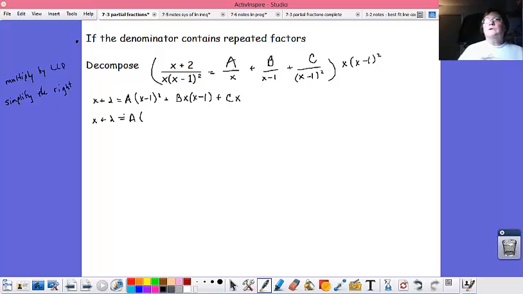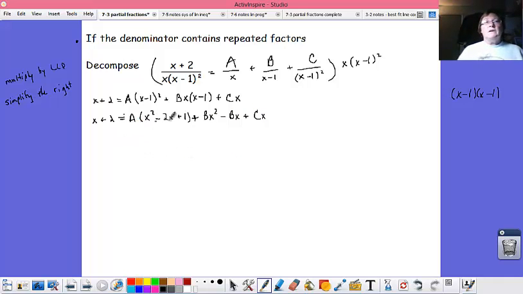So if you're a FOIL person, that will be x minus 1 times x minus 1. And that multiplies to x squared minus 2x plus 1. The next one, Bx, has to get multiplied to both of those things. So we're going to have a Bx squared and a minus Bx, and then we have a plus Cx.